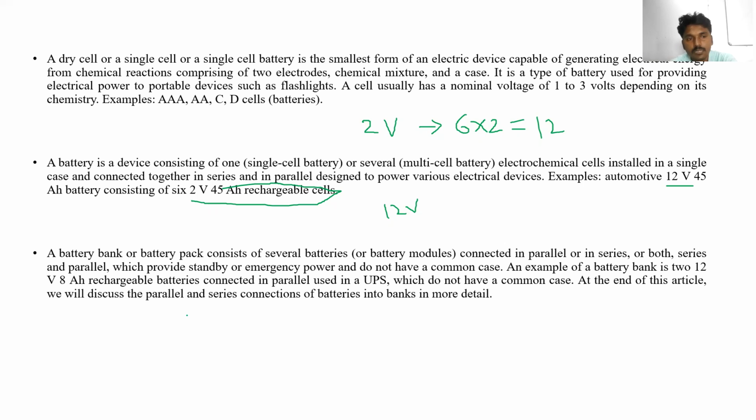Battery is nothing but a combination of one or more cells. Clear? In the same way, a battery bank is nothing but more than one battery connected together, maybe in series or parallel. This combination can be called a battery bank.